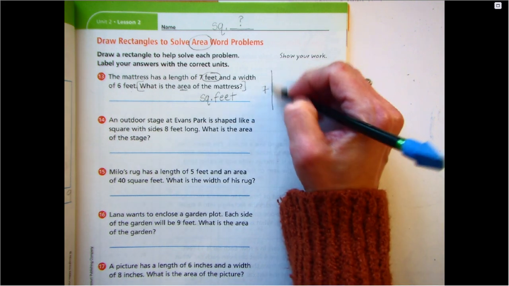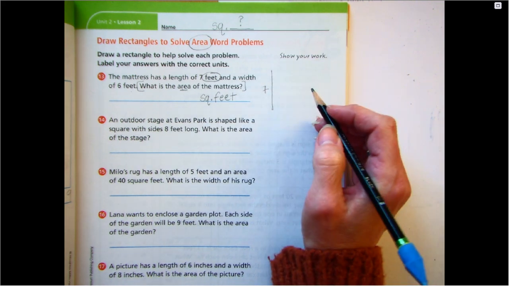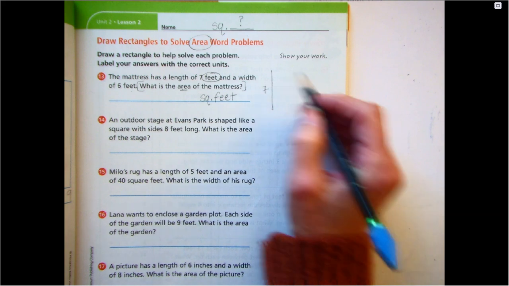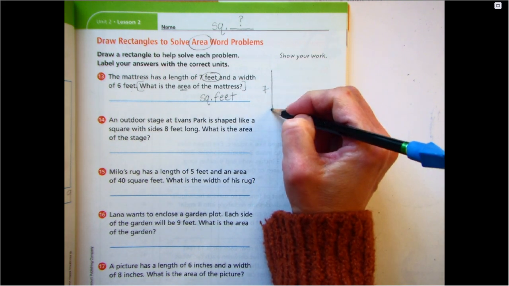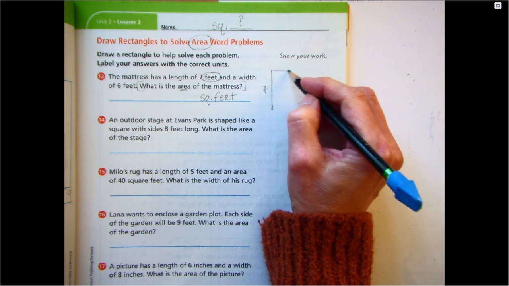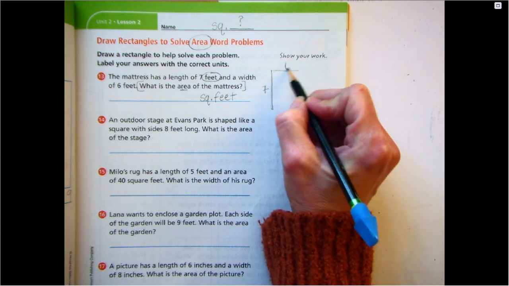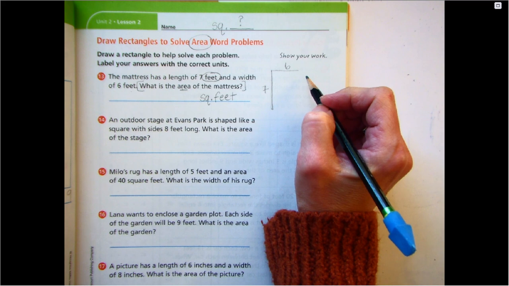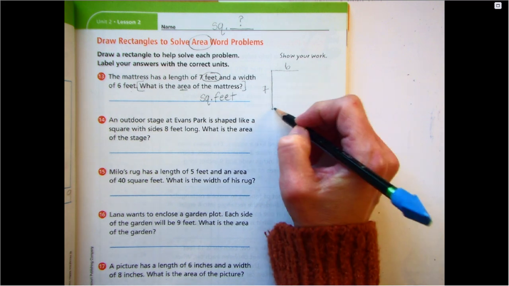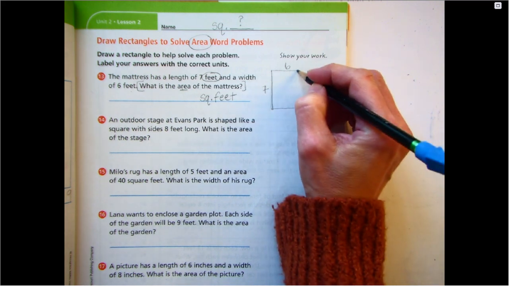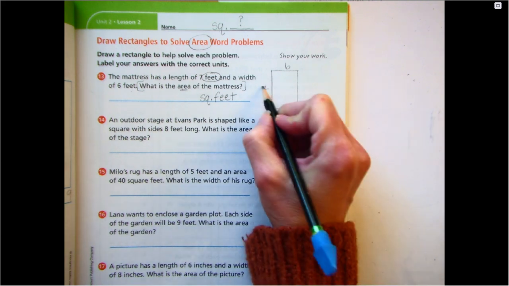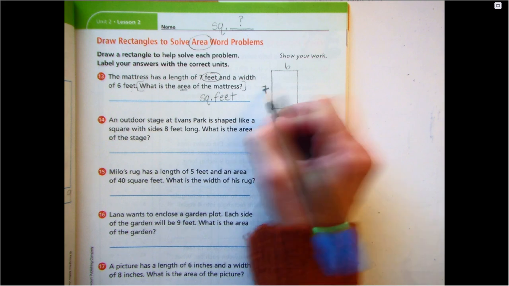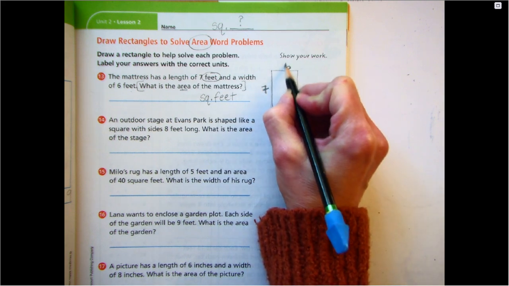Because it says length, that's the long way, if you remember on the page previous, 112. And then my width is 6. So this is 7. My other line is going to have to be a little bit shorter than that, right? Otherwise, they'd be the same, and that's not right. Okay, you can go ahead and finish your shape, kind of like we're doing a directed drawing. So I have 7 as the length, 6 as the width.